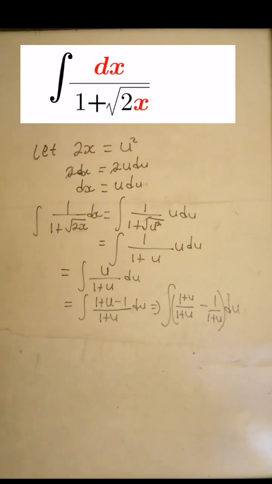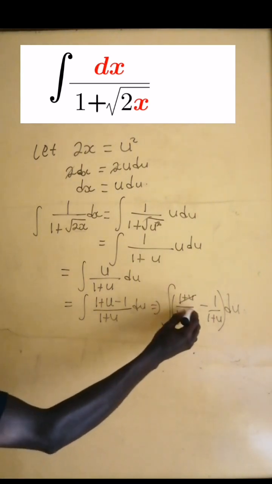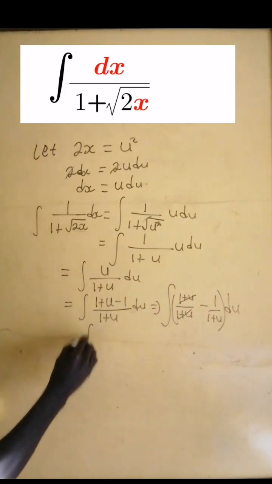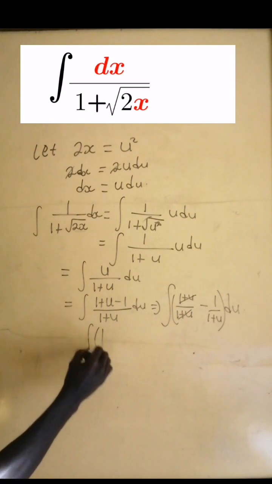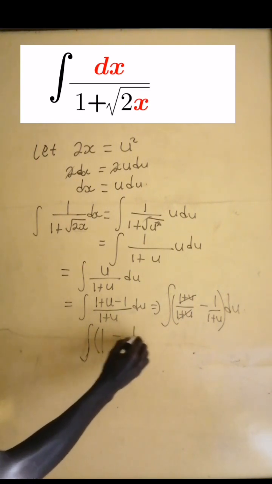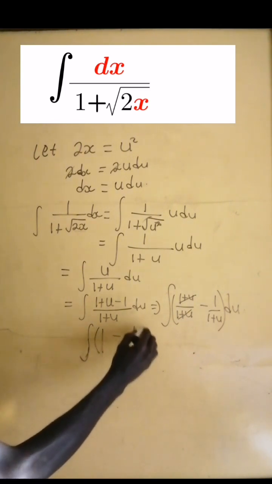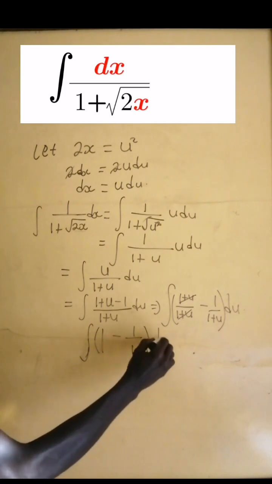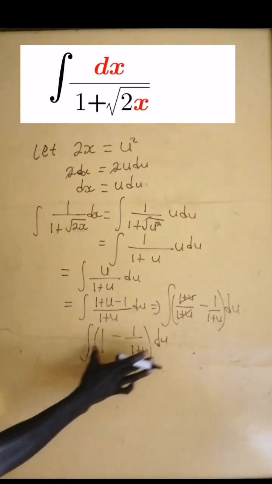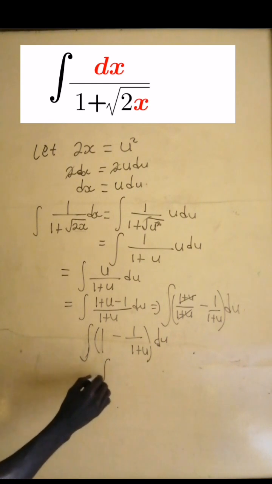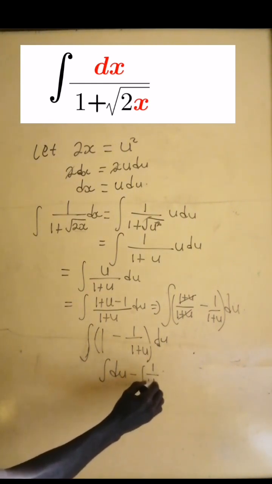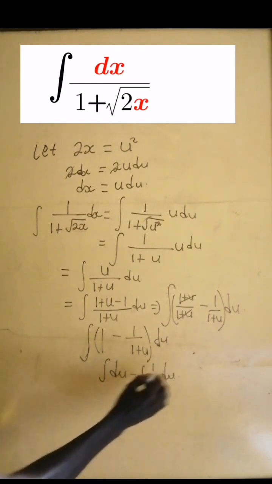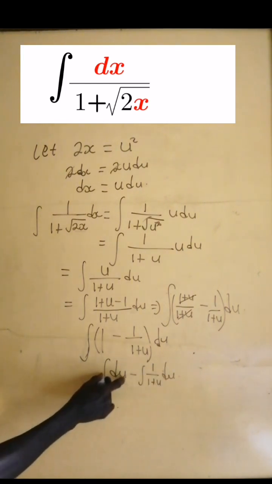Now, 1 plus u cancels 1 plus u, and we have the integral of 1 minus 1 divided by 1 plus u du. So we are going to integrate term by term since we have a difference. So we have the integral of 1 du minus the integral of 1 divided by 1 plus u du.